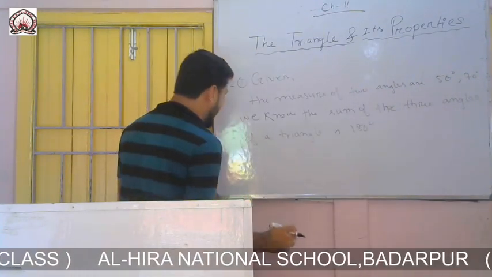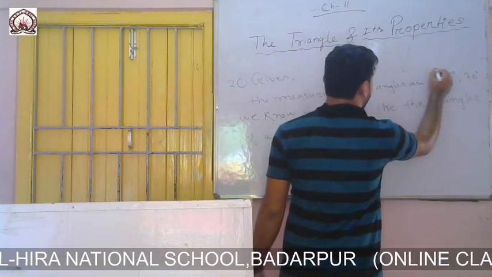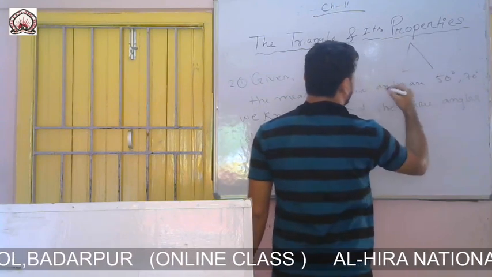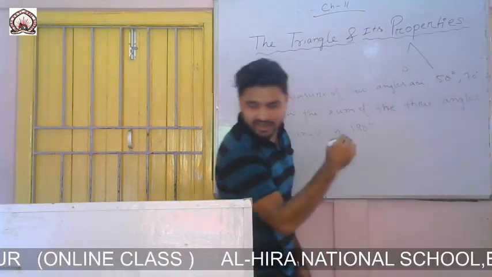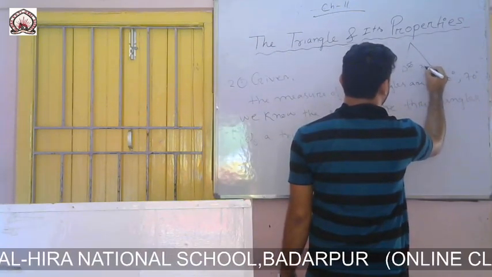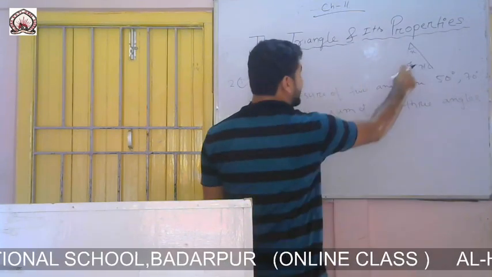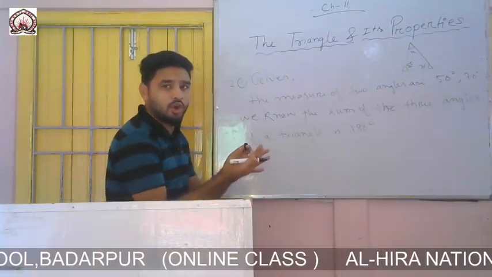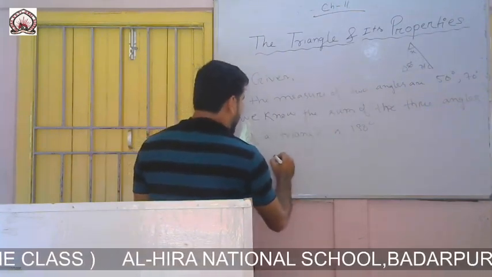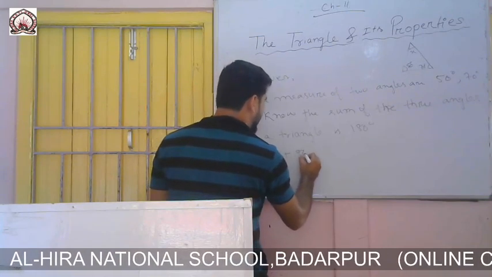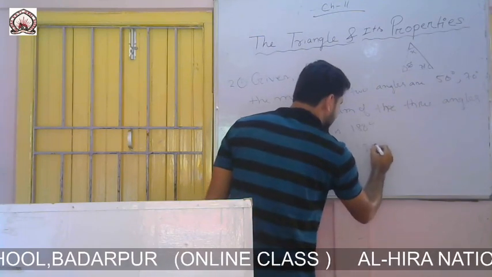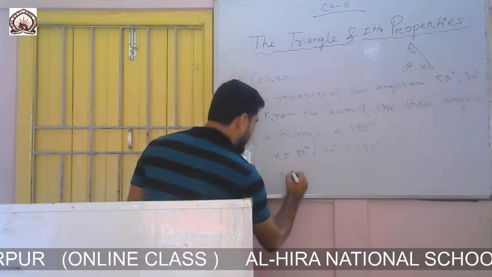Therefore we can add the three angles. Here it is given 50 degree and 70 degree, and it is X. Now if we add the three angles, then we will get 180 degree, because the angle sum property says that. So you can write angle X plus 50 degree plus 70 degree equals 180 degree. So from there we can find angle X.